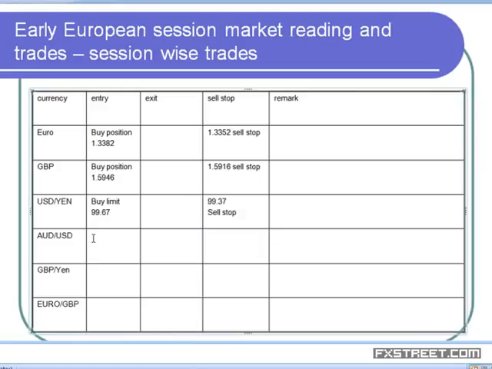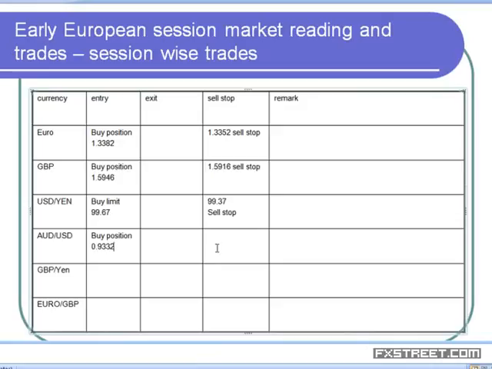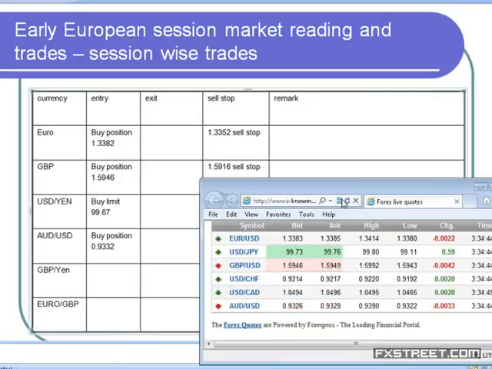So we'll try to take the market position. $0.9332, and our... so we have kept 30 pips below the hedge order in the case of Australian dollar also.